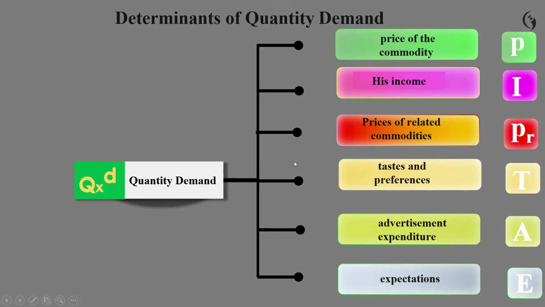If we explain quantity demanded as a function of its determinants, it is called the functional relationship. So we can say that the quantity demanded is a function of price, income of the consumer, price of related commodities, tastes and preferences of the consumer, advertisement expenditure of the producer, expectation regarding the price, etc.